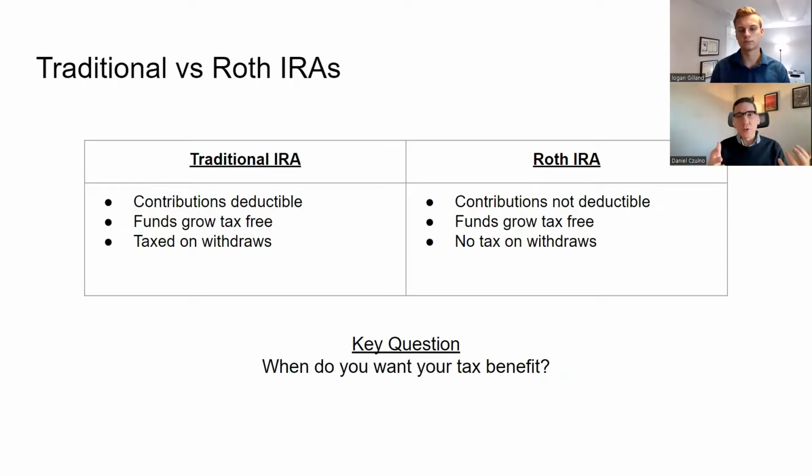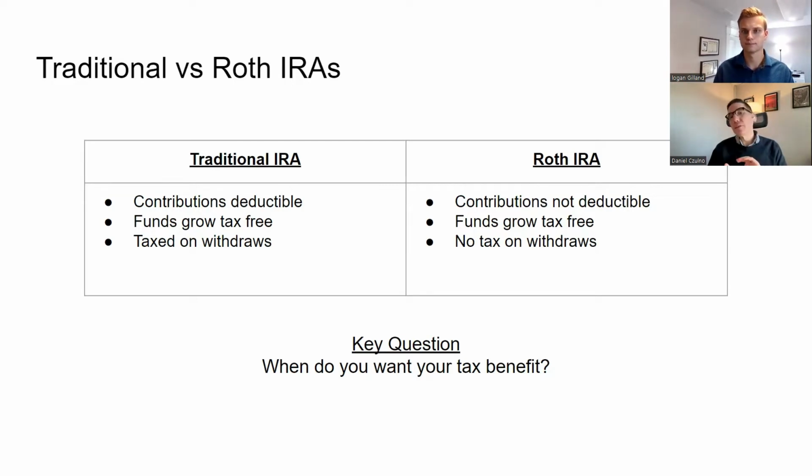So traditional IRA, just a reminder, when you put money in, it is deductible in the year that you make that contribution. Then your funds grow tax-free between now and the time that you take them out, but you are taxed on the withdrawals later on in retirement. So tax-free going in, tax-free growing, but taxed on withdrawals.